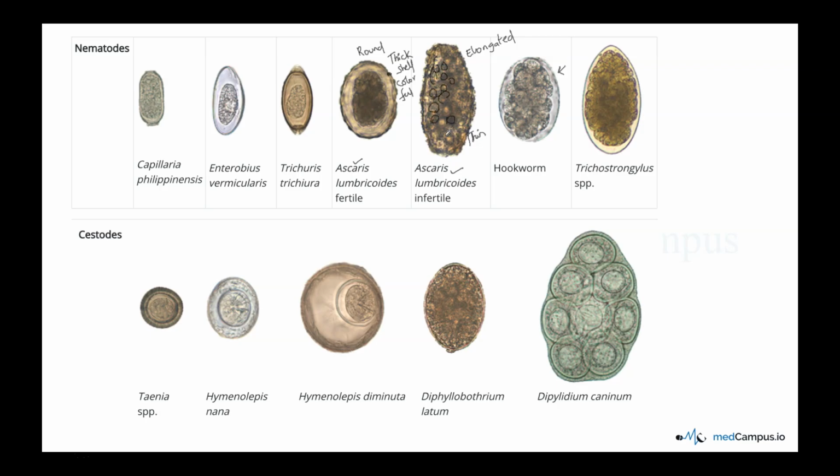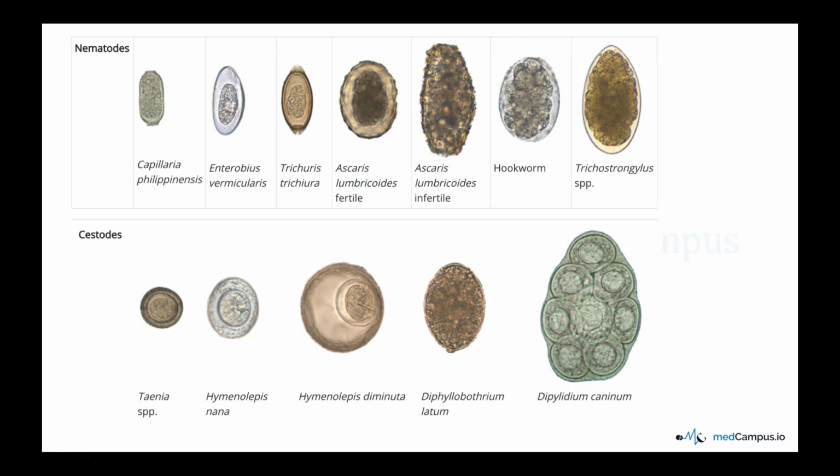The granular and globular irregular material is a characteristic finding seen in the infertile Ascaris egg, whereas in the fertile egg there is a single cell, separated from the shell on all sides throughout the circle. This is how you differentiate a fertile egg from an infertile one. Sometimes it might be 2 cell, 4 or more cells can also be there, but mostly you will see the single cell stage of Ascaris.